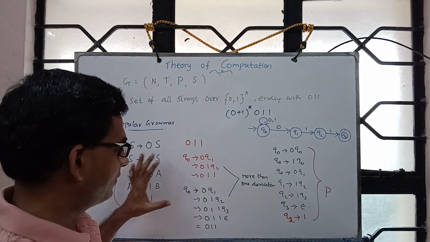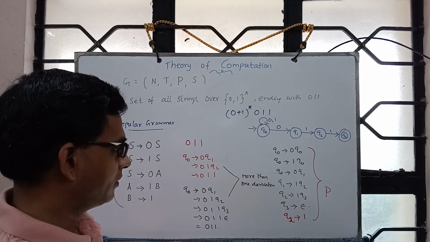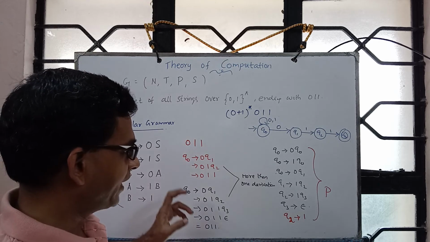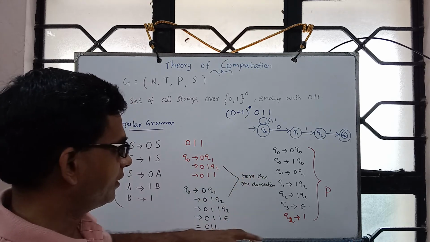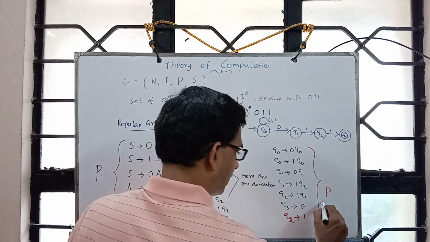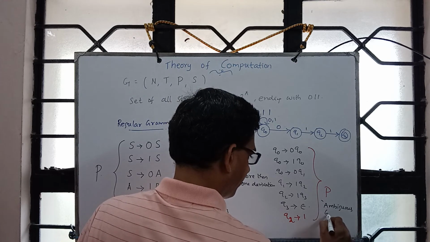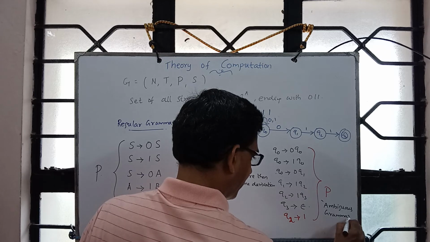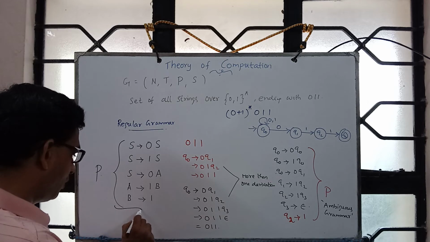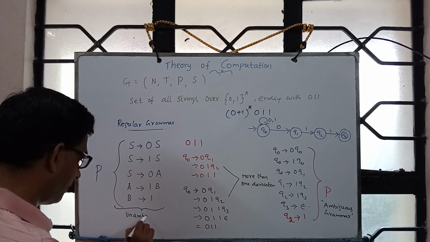There is no string for which more than one derivation exists. Supposing you find a string for which you find more than one derivation, such grammars are called ambiguous grammars. And if you don't find more than one derivation for any string, then it is unambiguous.